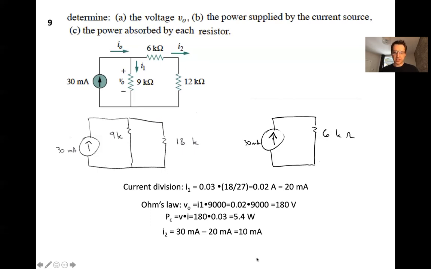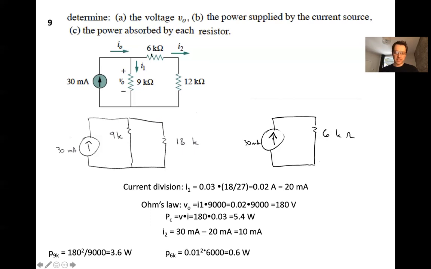In other words, I2 is equal to 10 milliamps. And so the power of the 9 kilo ohm resistor is equal to V naught squared divided by 9,000. V naught is 180 volts, and 9,000 is the 9 kilo ohms resistance. Remember, one of the equations for power dissipation is voltage squared divided by resistance, which in this case gives us a power of 3.6 watts.